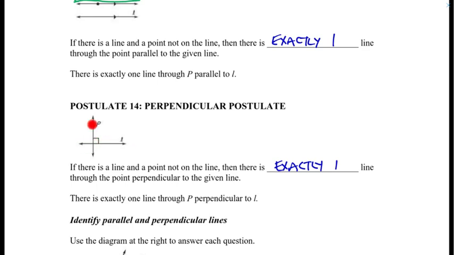We have our point P. So what we're saying is that there's only one line that goes through point P that'll be perpendicular to line L. So we'll be using these postulates later on as we start moving through some things. But just remember, given one point and one line, there's exactly one line that's parallel and exactly one line that's perpendicular.